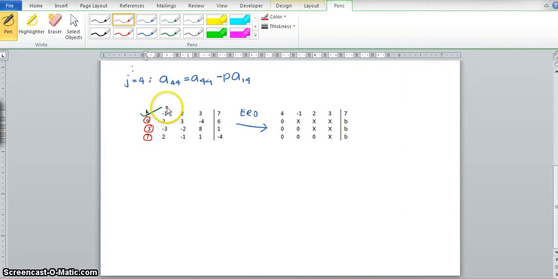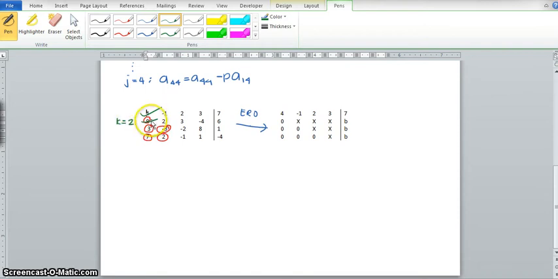Now our aim is to get 0 for this row. So now to get 0 for row 3 and row 4, we need to use row 2. So k now is 2.